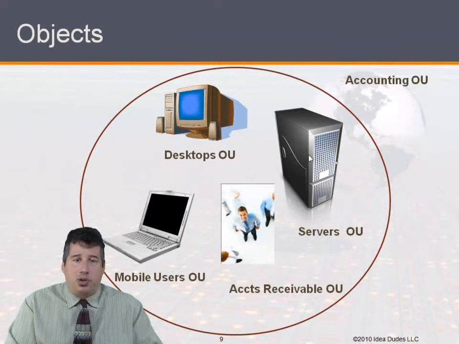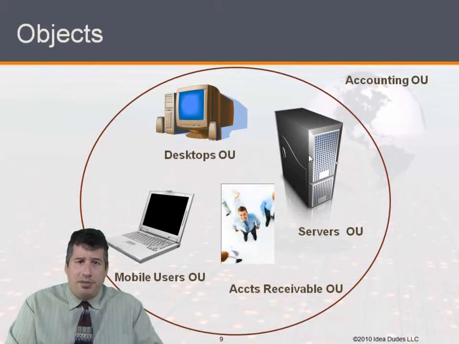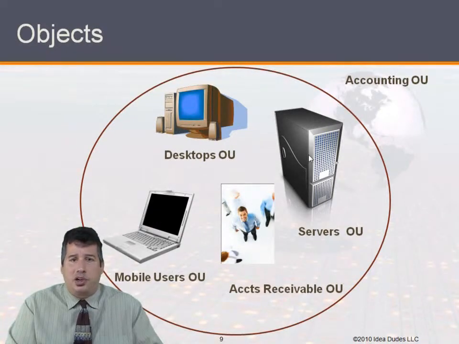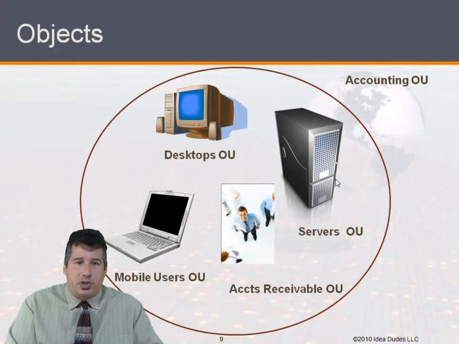For servers, we can use the security configuration wizard to create a security policy that applies only to servers. For the accounts receivable OU, we can deploy software just to that OU, say an accounting package, through a GPO.